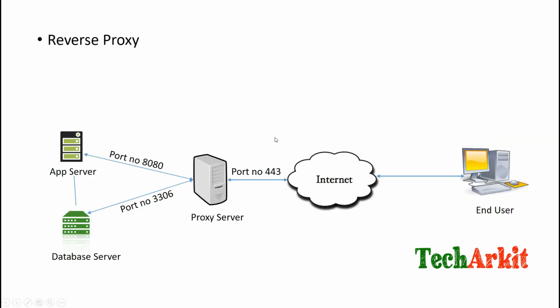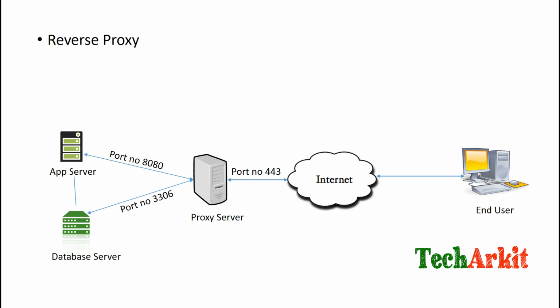The next proxy server is the reverse proxy. What does reverse proxy mean? The reverse proxy protects the systems where sensitive systems are. For example, you have a banking server, application servers, and database servers holding sensitive information. I don't want to disclose my server IP addresses or public IP addresses to the external world.